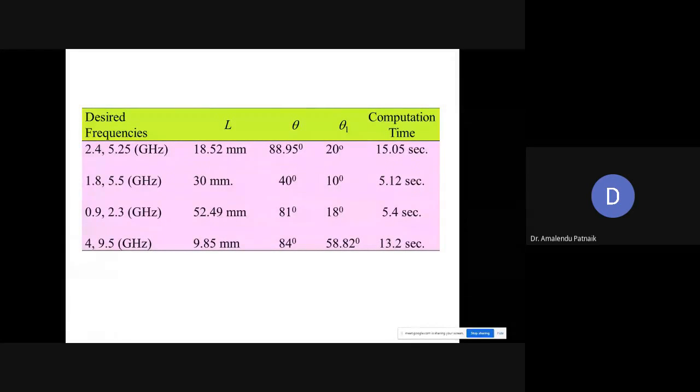That will be the problem if you are not using a trained neural network and you are using only an optimizer. So by judiciously using different meta-heuristic based methods, it is possible to reduce the computation time of the antenna designing process.